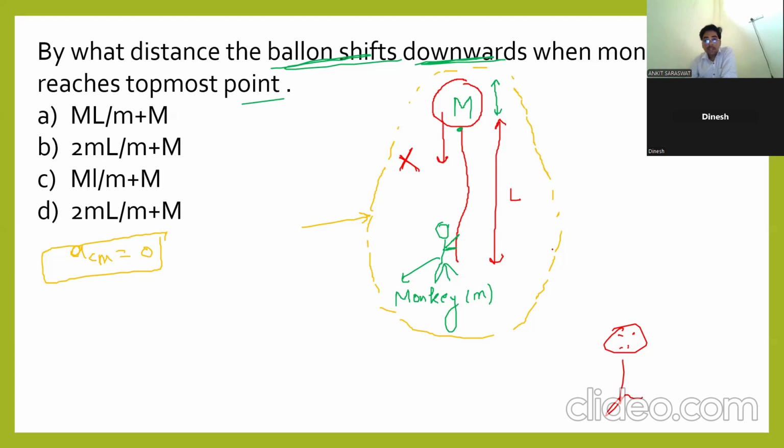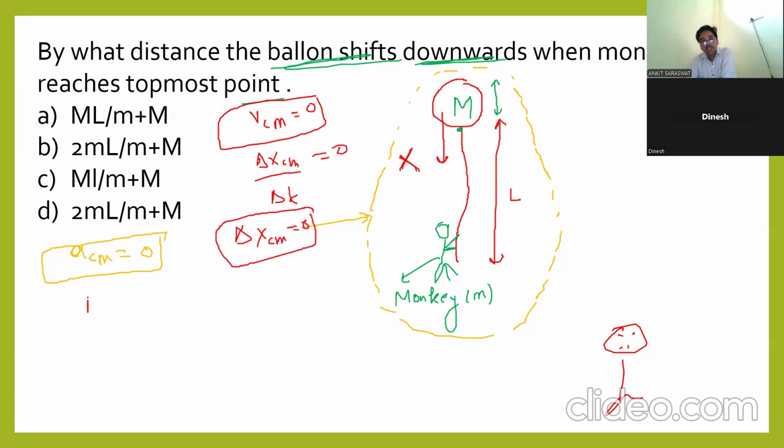Tell me what is the answer? Initially, system is at rest, means do you see any shift in center of mass? Initially, center of mass at rest. So velocity of center of mass initially is 0, then finally also it will be 0. Velocity is delta x CM by delta t. So delta x CM is 0, means there is no shift in center of mass.